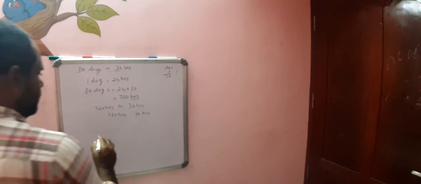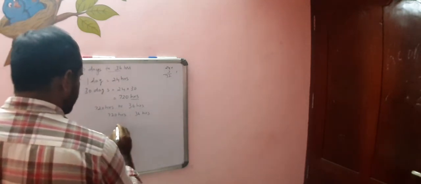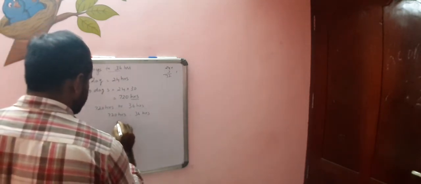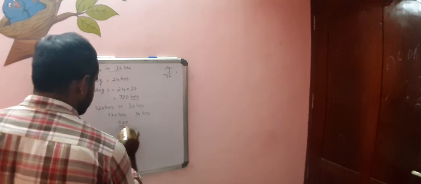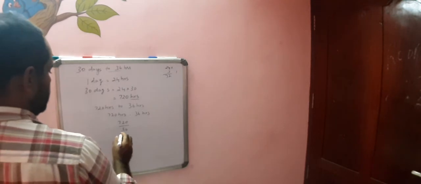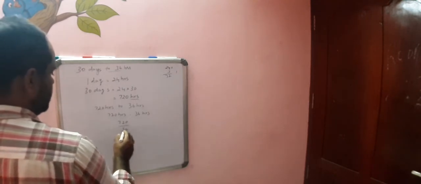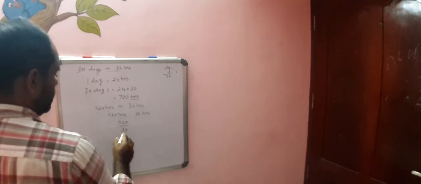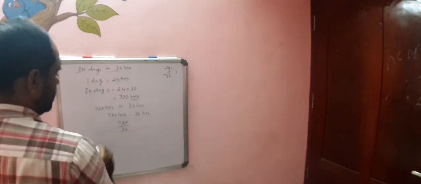On further simplifying, we do a comparison by division. So 720 by 36, right? You can easily see that 36 into 2 is 72.